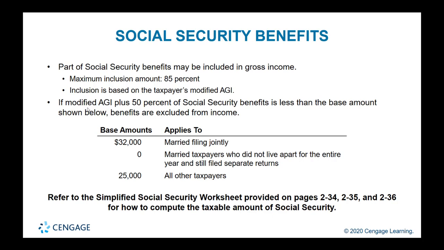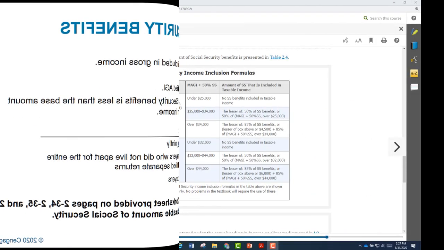So take the MAGI plus 50% of Social Security benefits and compare that to the base amounts for the specific filing status. If it's less than the base amount, it's excluded from income and is not taxable.